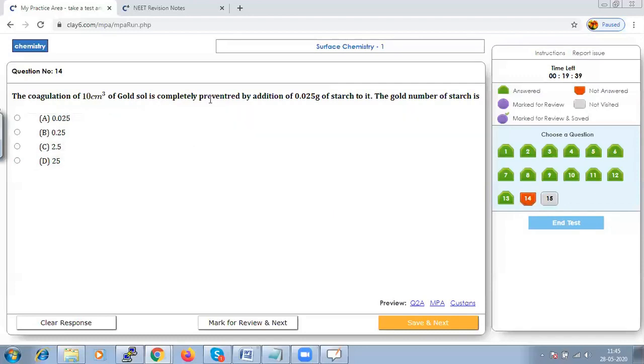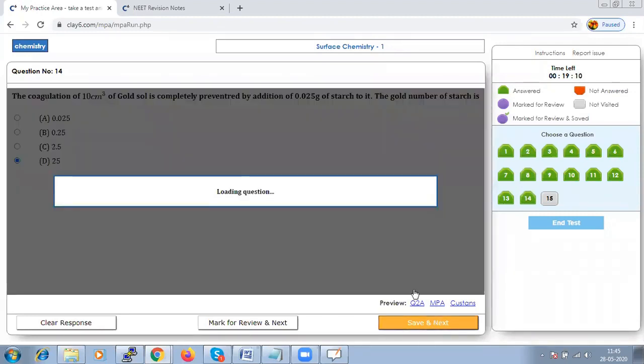So 0.025 into 1000 will give you 25 milligram. Hence option D should be the right answer. Let us save that and go to next.